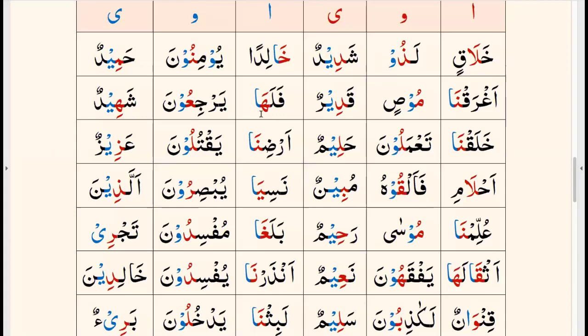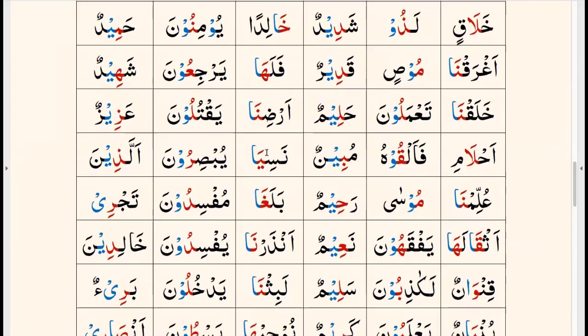So because we have a blank alif after the ha, and the ha carries a fatha, we have to make it long for 2 seconds, okay? So prolong it for 2 seconds. Ha. Well done. So the whole word will be then falaha. Very nice.